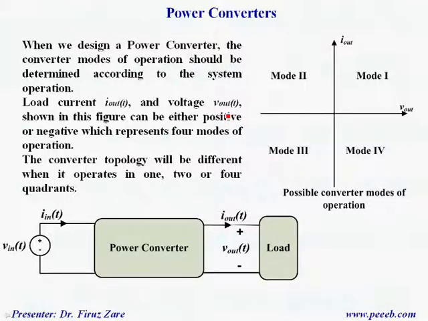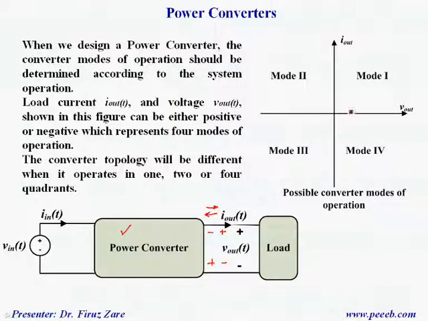When we design a power converter, it's quite important to understand the converter modes of operation. That means we have to know the output current and voltage. For example, if you look at this power converter, in some applications we need to have positive voltage or negative voltage, and sometimes the output current should be either positive or negative.